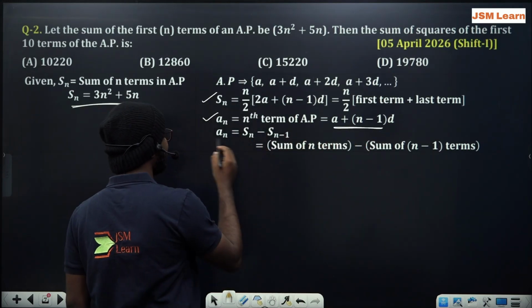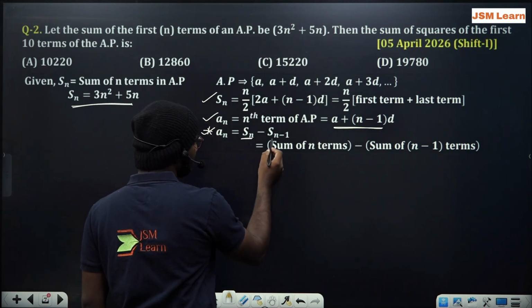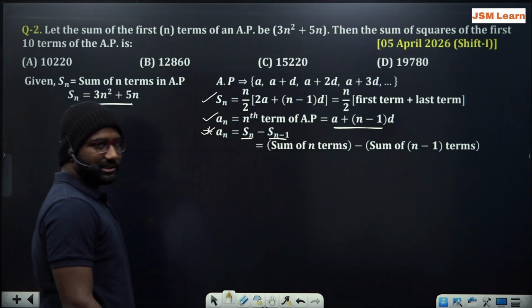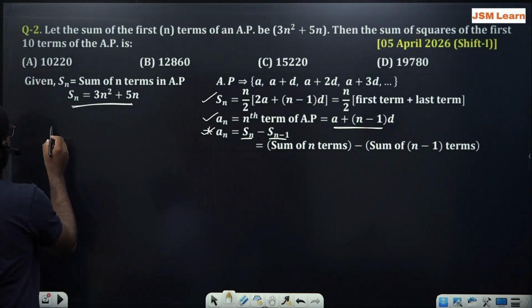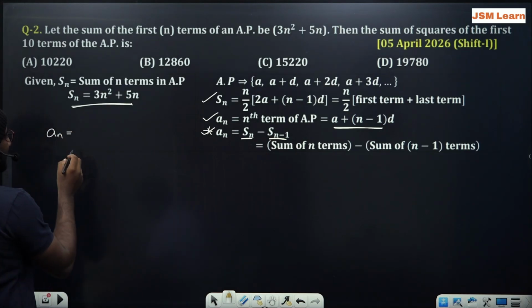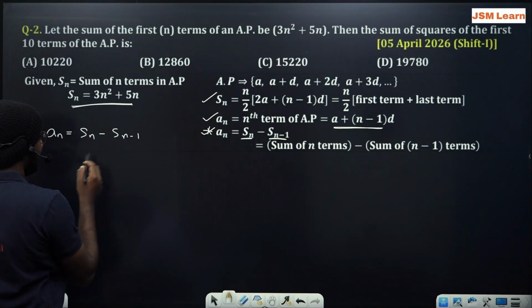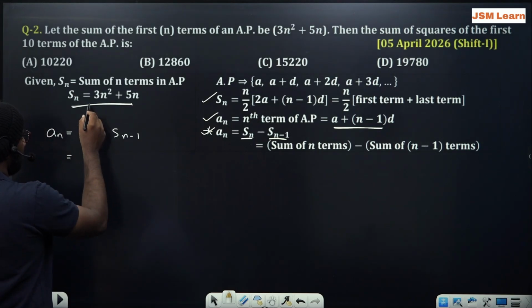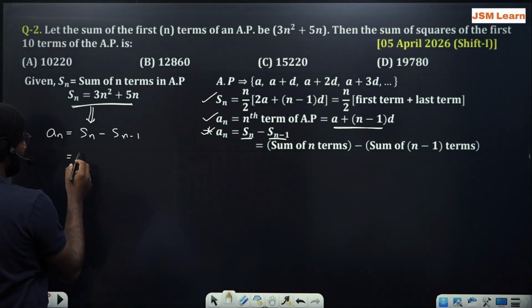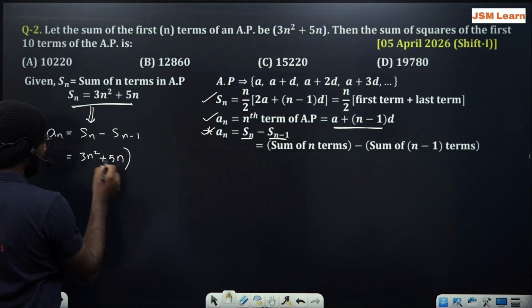We can also write the nth term of an AP as the sum of n terms minus the sum of n minus 1 terms. So from this formula, we'll try to write the nth term of the AP, Sn minus Sn minus 1. We know the sum of n terms directly, that is 3n square plus 5n.